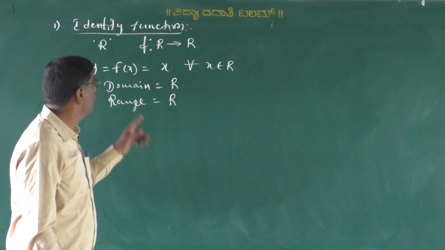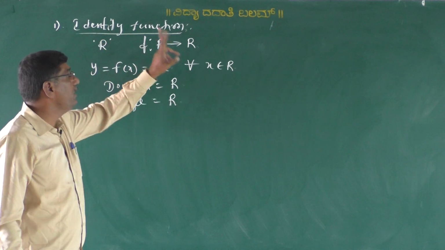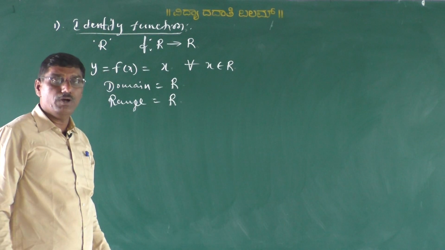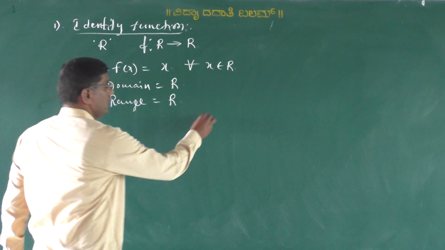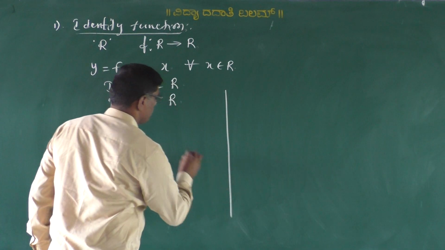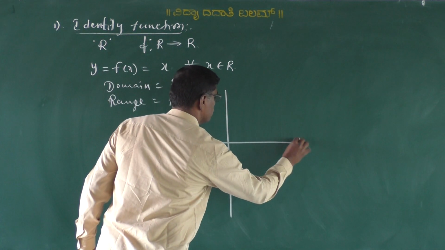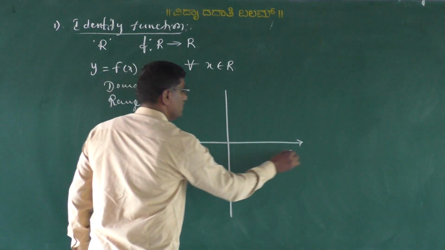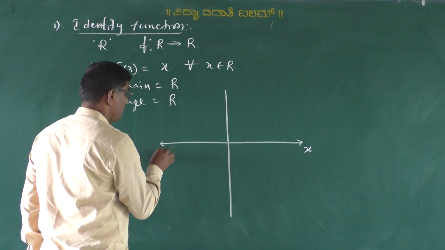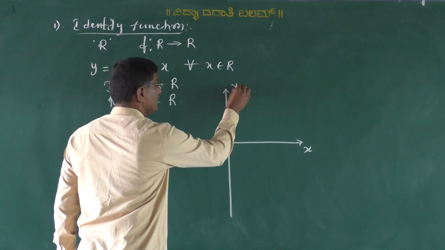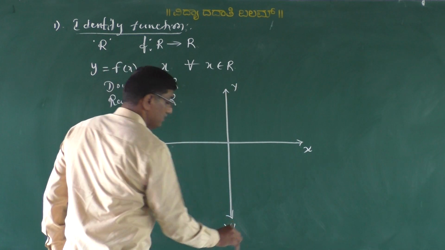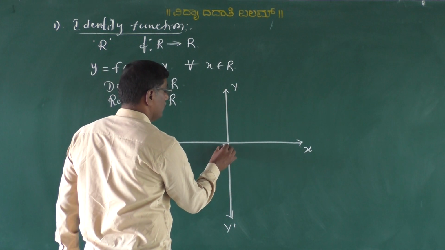Now, we are going to draw the graph of identity function. See here, my dear students. This is the x-axis, this is the y-axis. Isn't it? This is the origin.